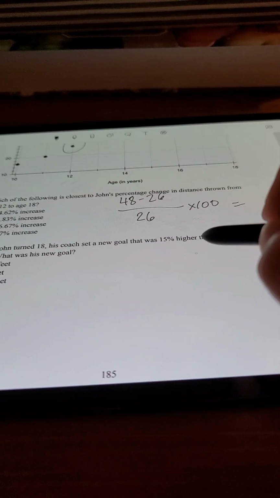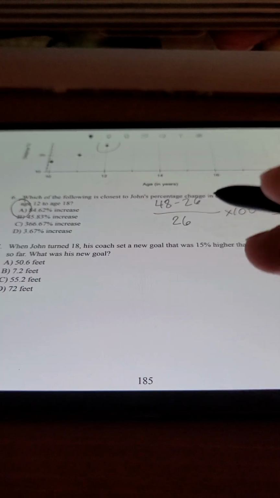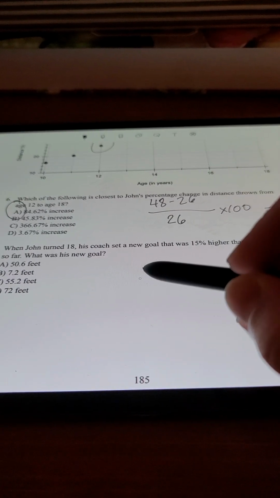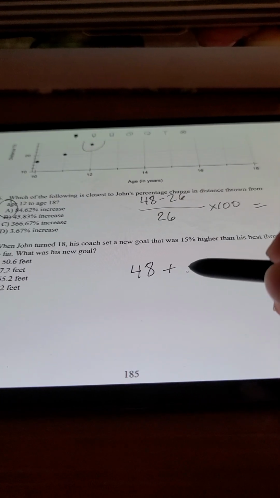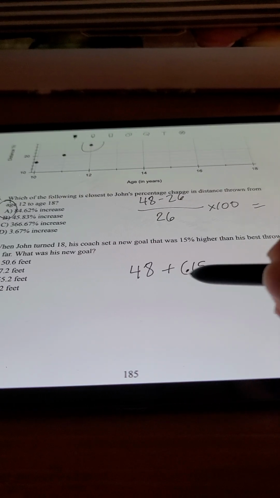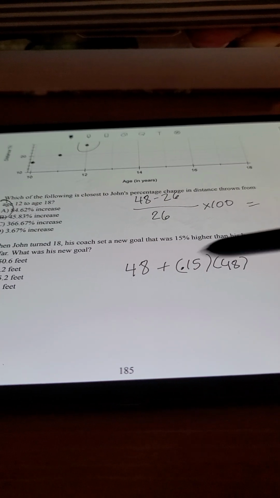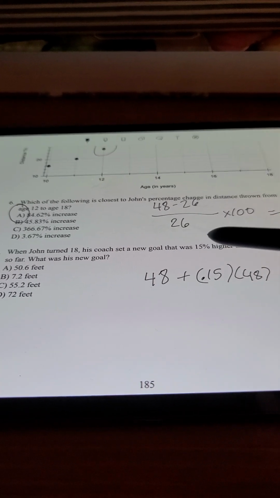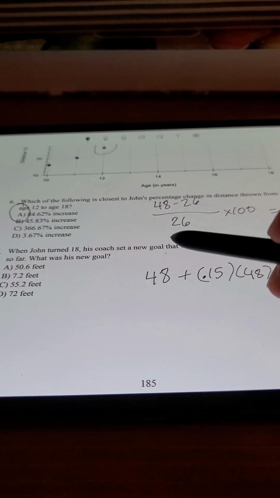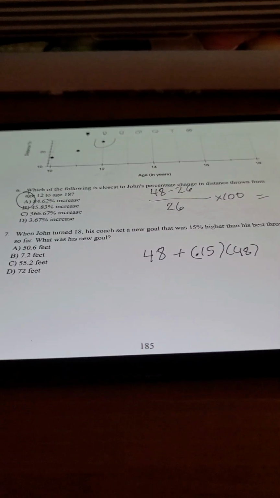If we're talking about 15% higher, that means we're talking about all that we originally had, the 48 feet, plus whatever 15% of 48 is, which is the same thing as saying 0.15 times 48. Or you could say, I know that it's going up by 15%, so I have everything, 100%, and then I'm going up by 15%.